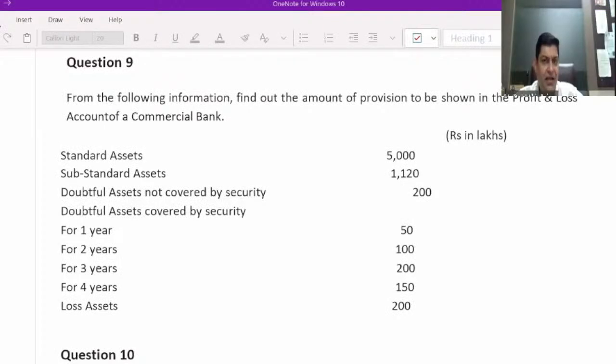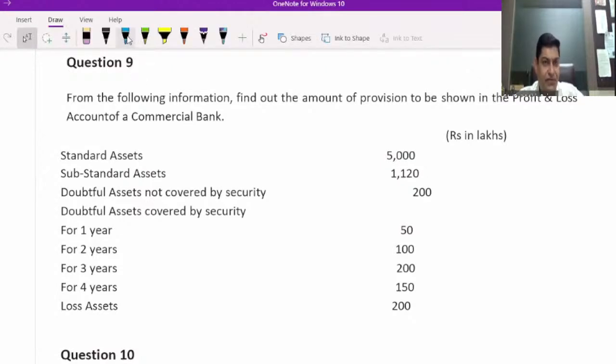Okay, guys, so this is the question. Question number 9. From the following information, find out the amount of provision. So guys, you need to find out the amount of provision.